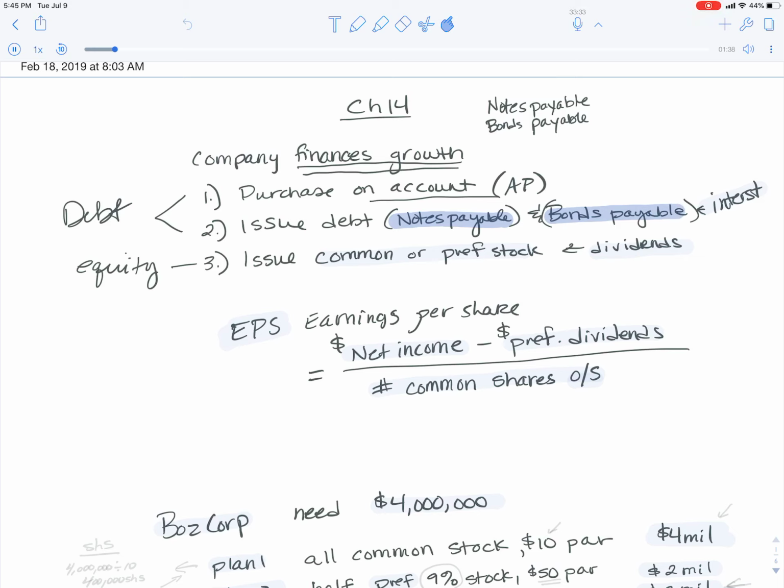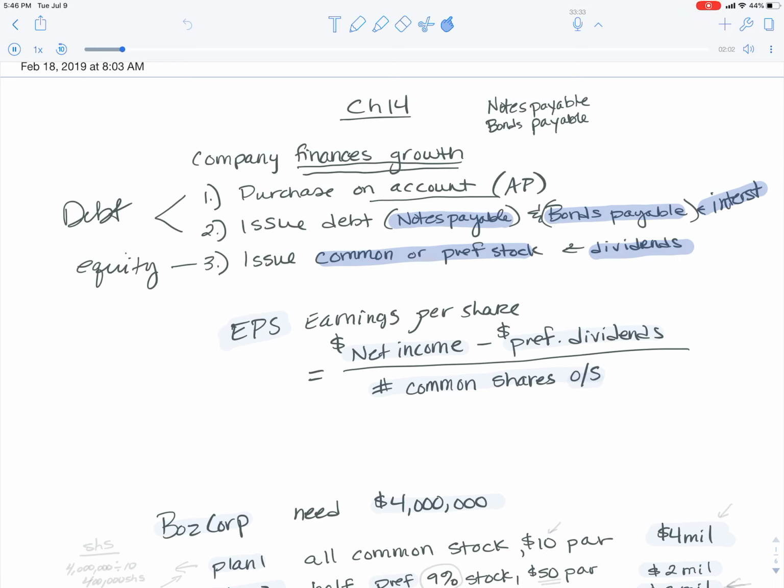And here, if they issue debt, they have to pay interest to who they're borrowing it from. And then in Chapter 13, we saw that we can issue common or preferred stock. Now, if we do this, we have to pay our stockholders dividends. So how can you tell which one's the best option? If we know we've got to raise money, which one is the best?